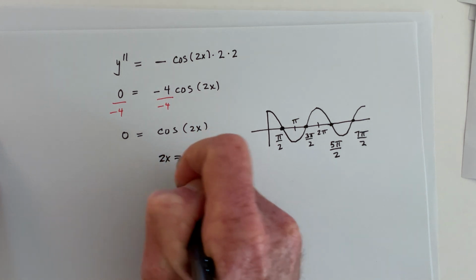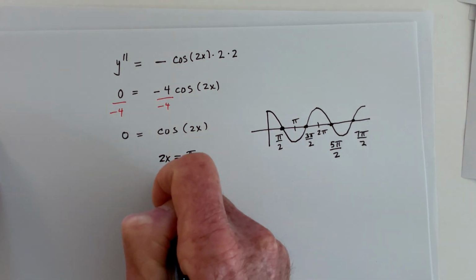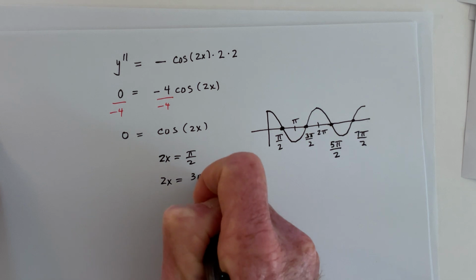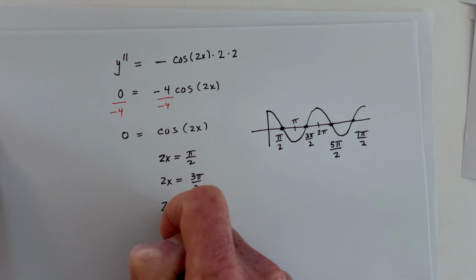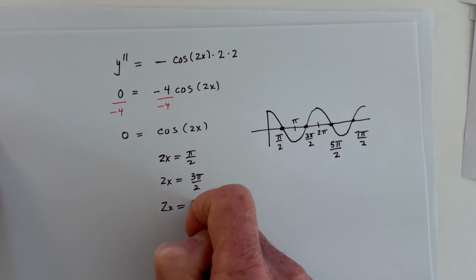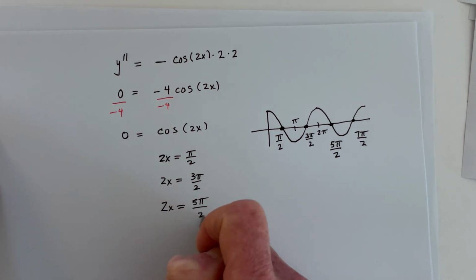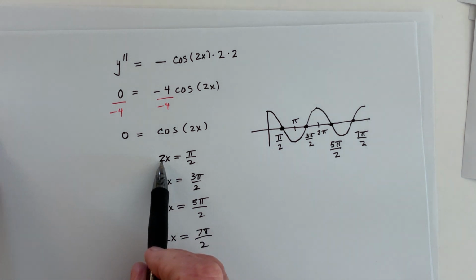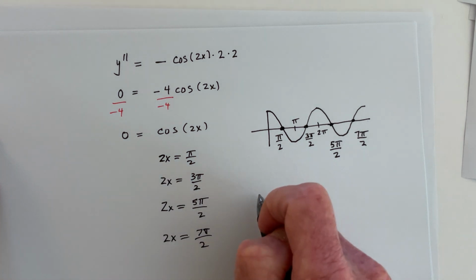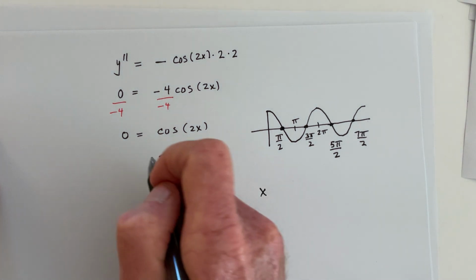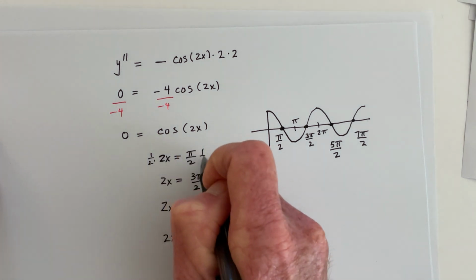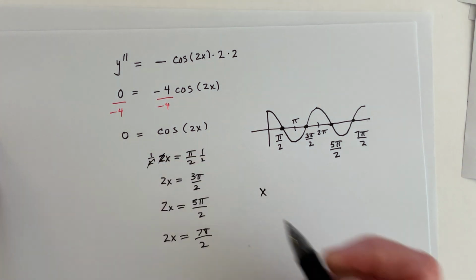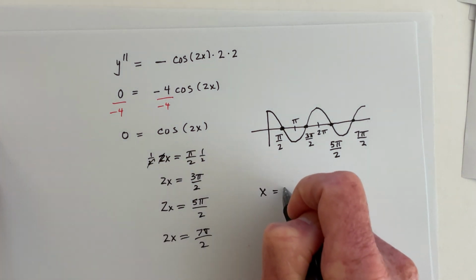So 2x equals the pi over 2, 2x equals the 3 pi over 2, etc. And once you write down these 4, then the last thing to do is divide each and every one of them by 2. Or multiply by 1/2. So if you multiply by 1/2 and multiply by 1/2, then it's going to say x equals pi over 4.